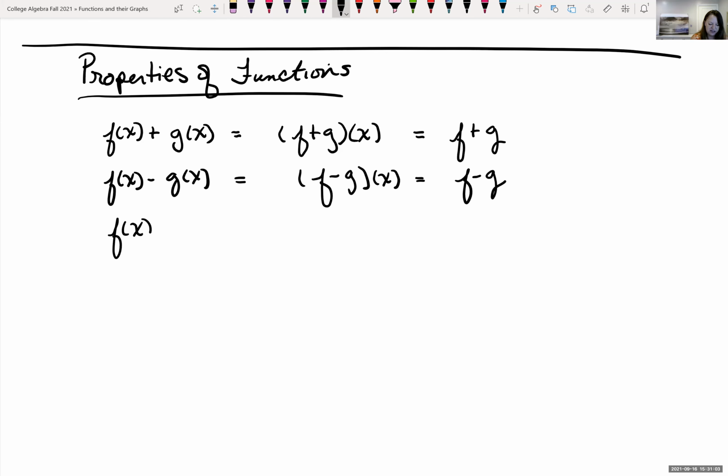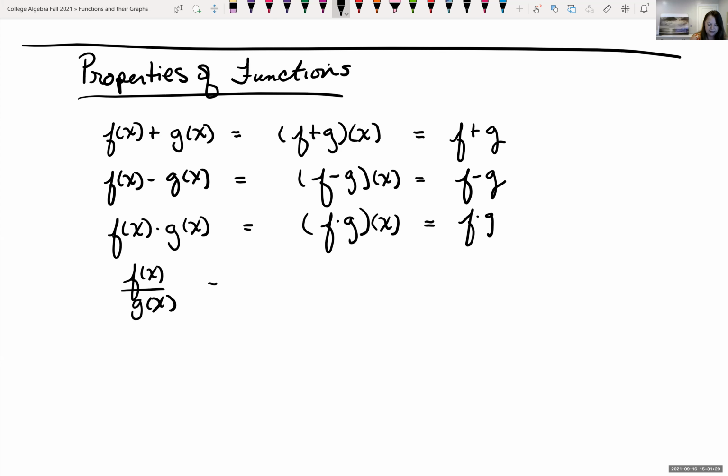If we were multiplying two functions together, f of x times g of x, another way to write this is (f · g)(x). And then the last one, if we had f of x divided by g of x, another way to write this is (f/g)(x), or f over g.